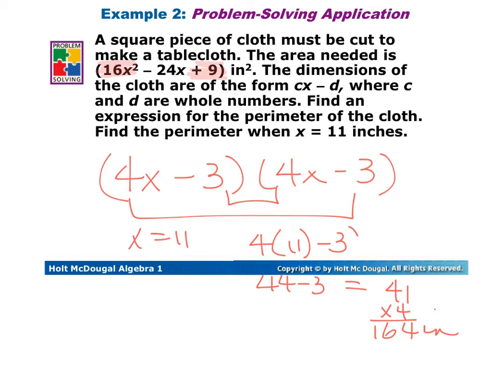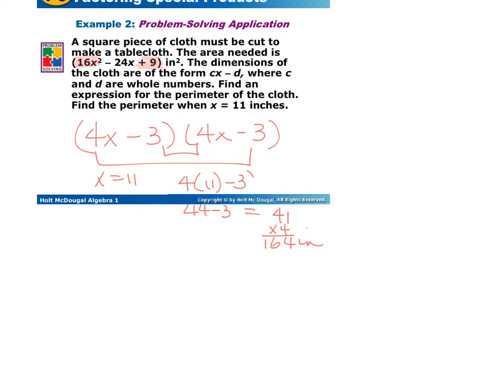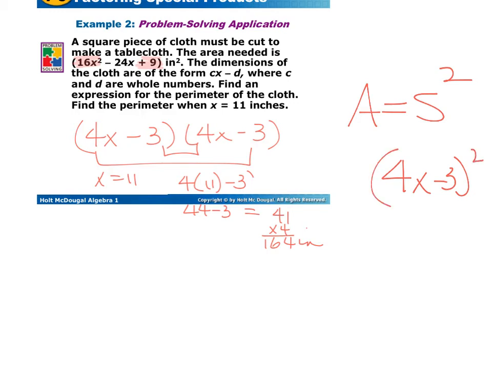So remember, when we're factoring this, we're finding the two numbers that will multiply to give us this. Because area of a square or a rectangle, for a square, it's side squared. So basically, if you realized that when you factored that, it gave you a binomial squared.